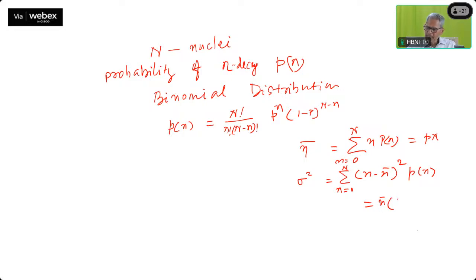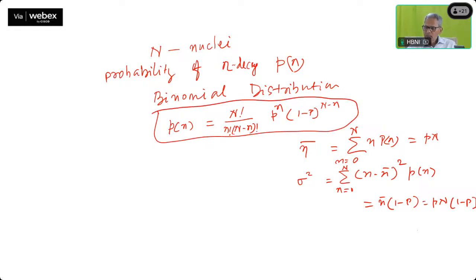You can find that this equals N p (1 minus p). So if you have a problem like this, N nuclei, and you calculate the probability of n of them decaying, you can write this binomial distribution expression, and calculate n average, and this variance. Where n average gives the average value, and the variance gives basically the dispersion or the spread.